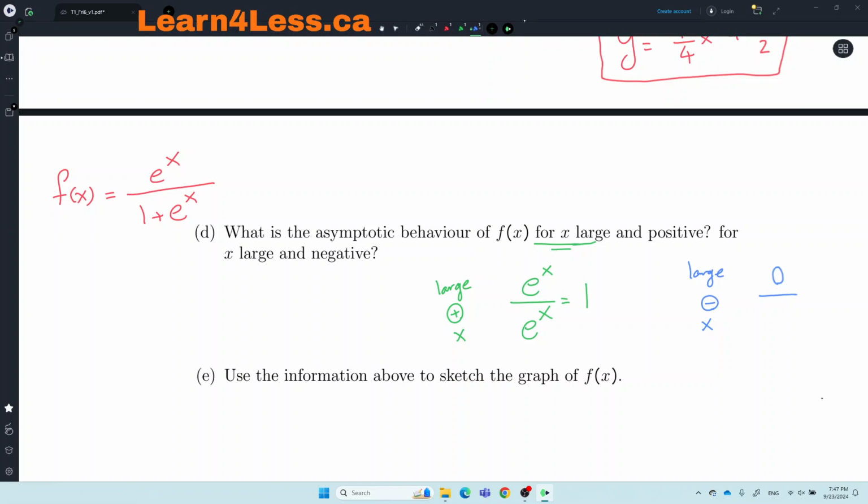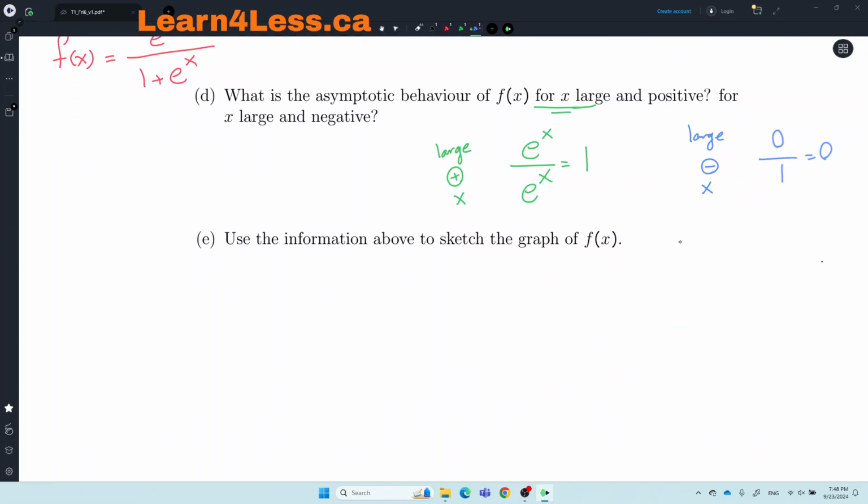And in the denominator, we have just 1. Basically just 0. It behaves like the function 0. So nothing is left there. These are basically flat lines. On the very right, it's just flat 1, and on the very left, it's just flat 0.